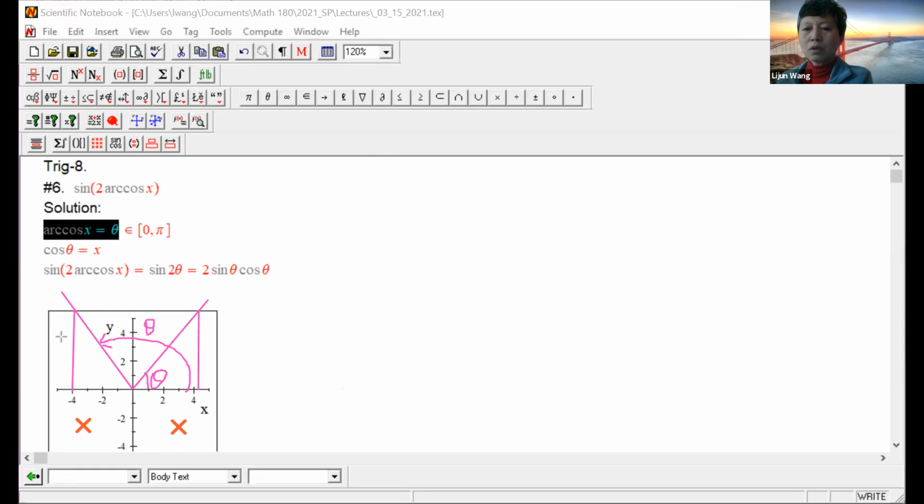Cosine theta would be what? Adjacent over hypotenuse. So the adjacent side is x, and the hypotenuse is 1. What does this side equal to in either case?